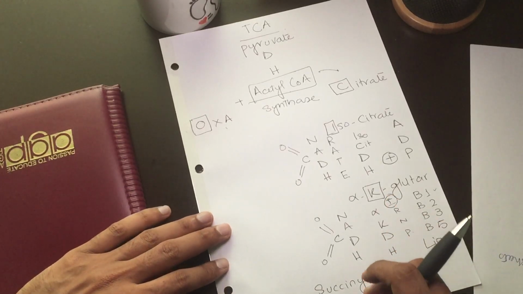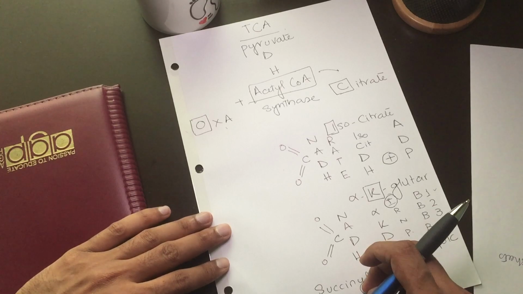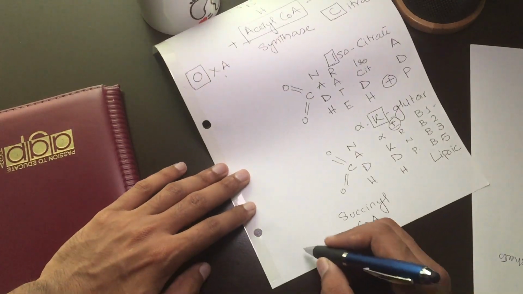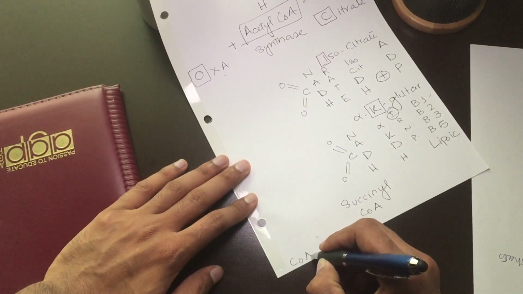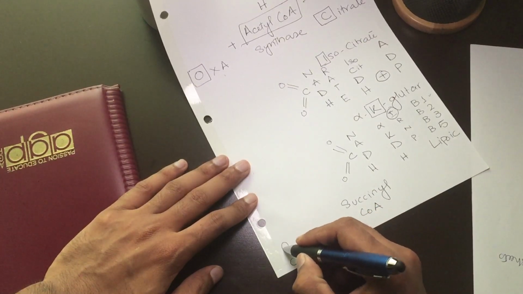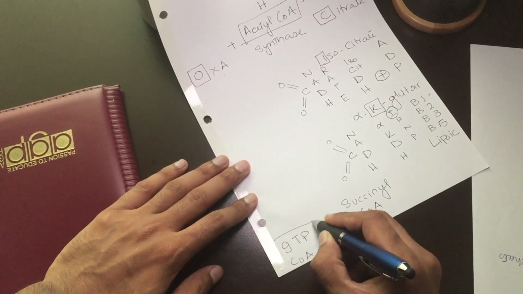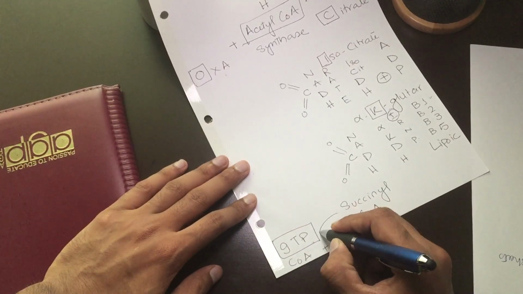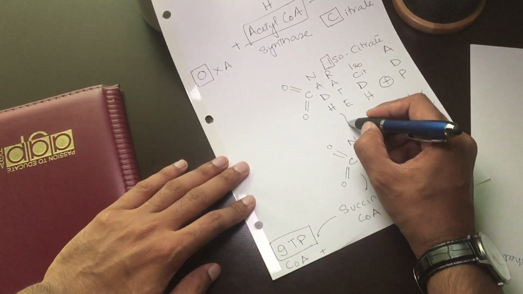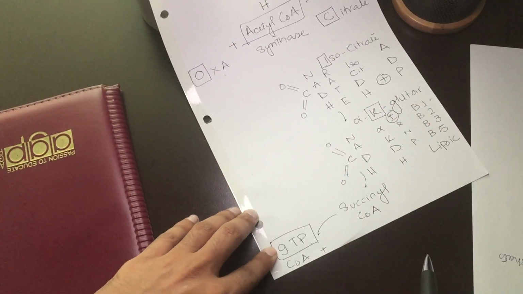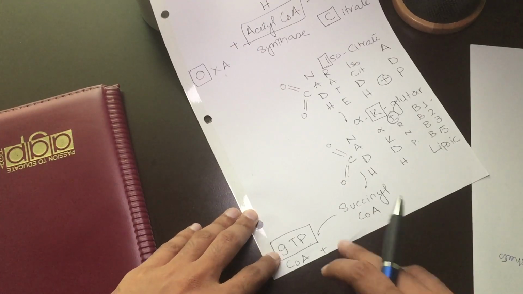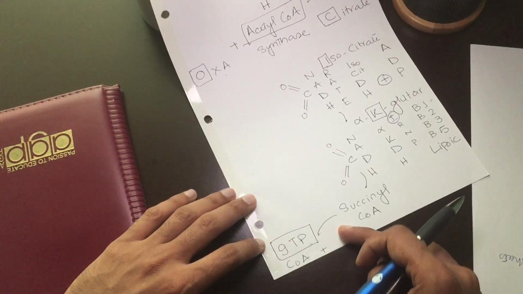This succinyl CoA, by removing the CoA, releases GTP. This is an important product. GTP is the important triphosphate product which is very much tested, to make succinate.